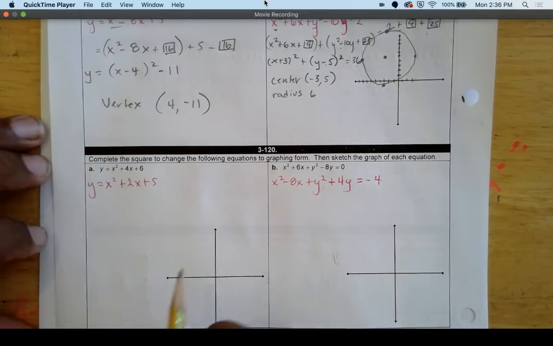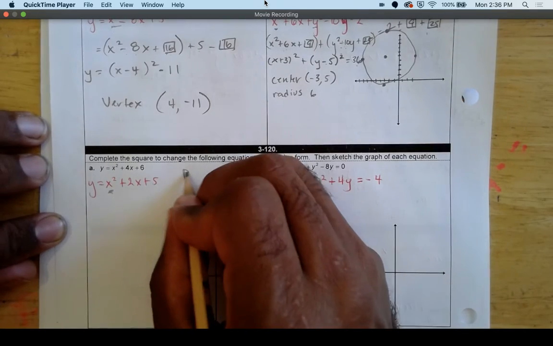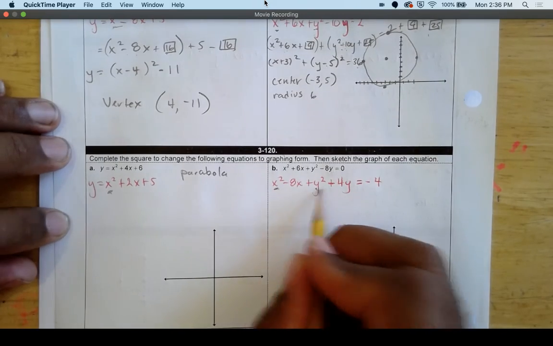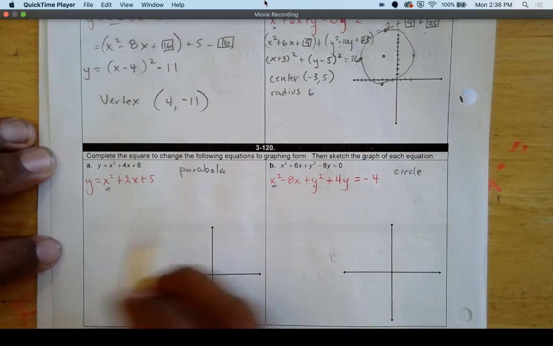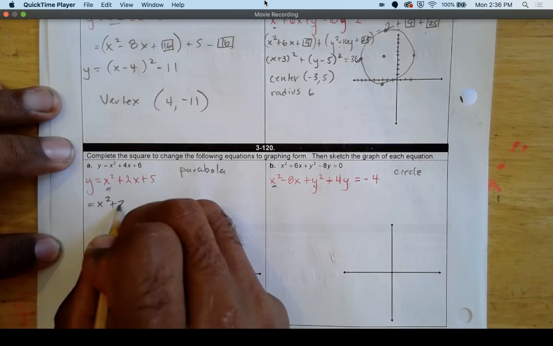Okay, same thing. Complete the square. There's x squared only, so we know we got a parabola. And then here we got x squared and y squared, so that's a circle. So we know what we're graphing here. All right, so here, again, complete the square on only this side.